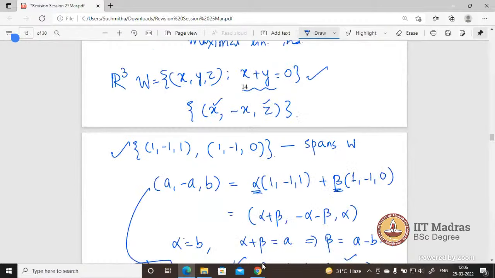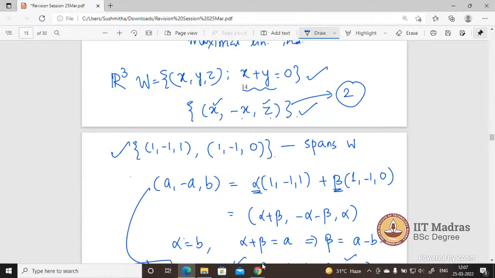The set of all vectors in this vector space can be written like this, right? Z can be anything. If X is fixed, Y is fixed. If Y is fixed, X is fixed. And Z can be anything, because there is no condition given on Z. So the dimension of this subspace is 2, right?